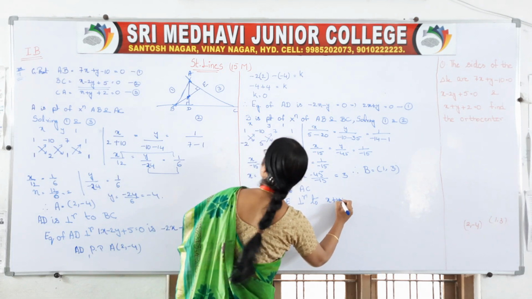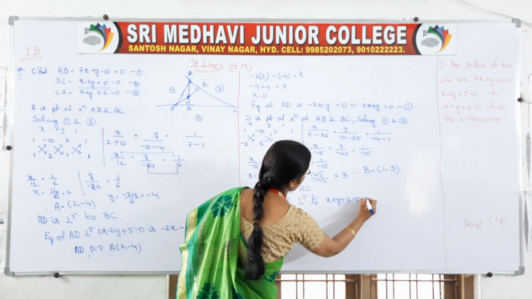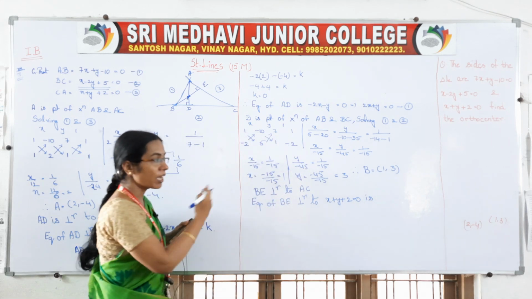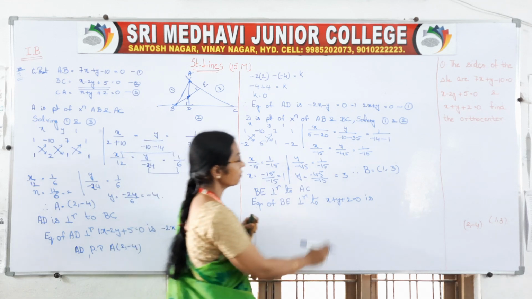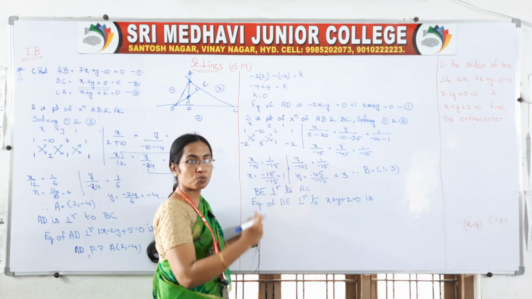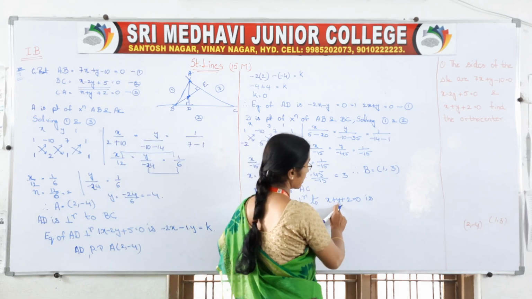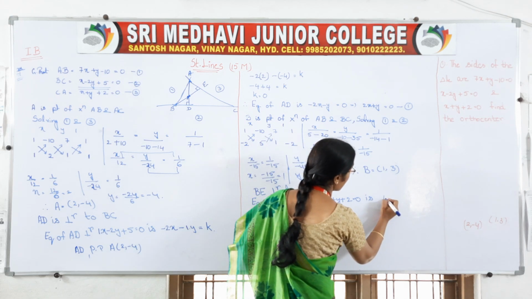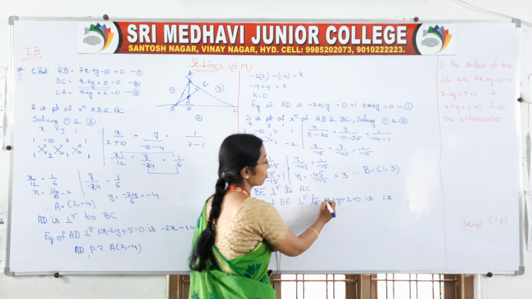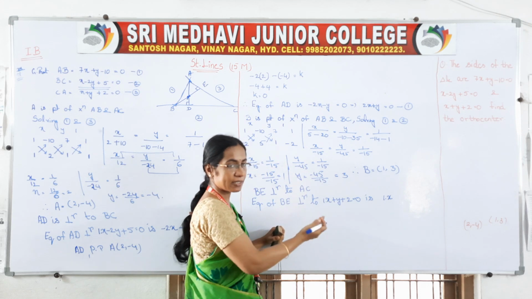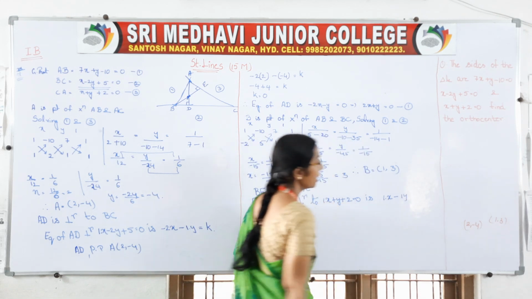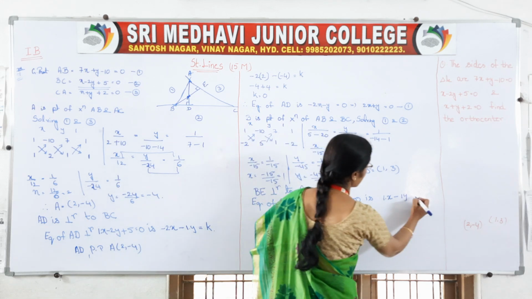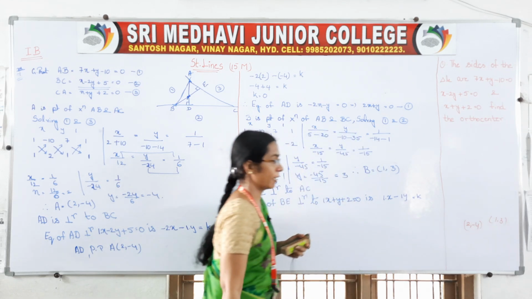X plus y plus 2 is equal to 0. Now we have to write that line's perpendicular equation. How we will write? X coefficient goes to y, y coefficient comes to x. Y coefficient is 1, it will come with the x, and x coefficient is 1. We can write x as 1 into x. It goes with y in the middle with a minus sign, right, is equal to k.